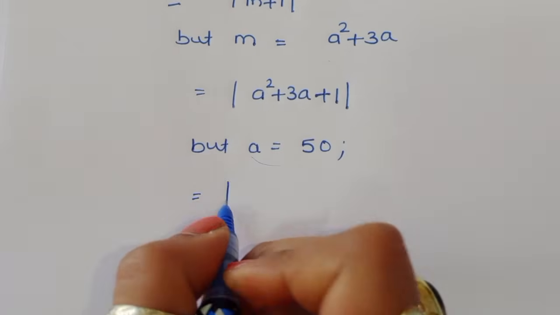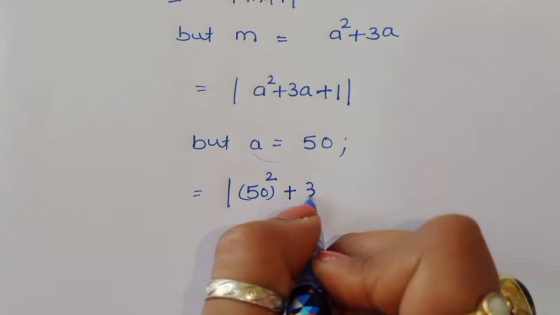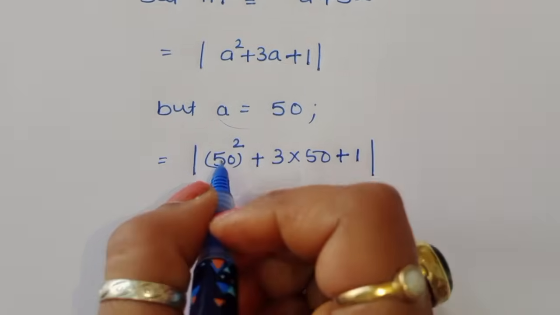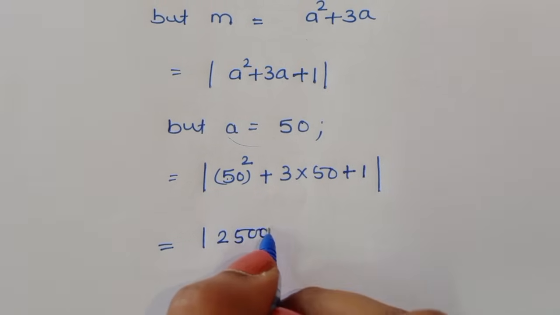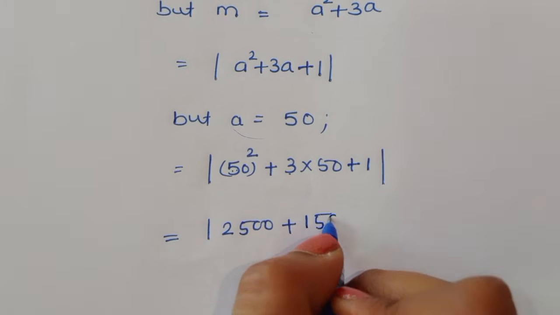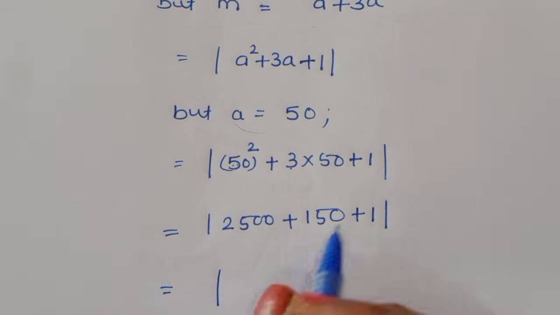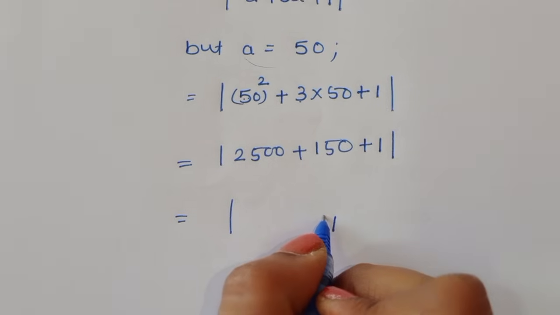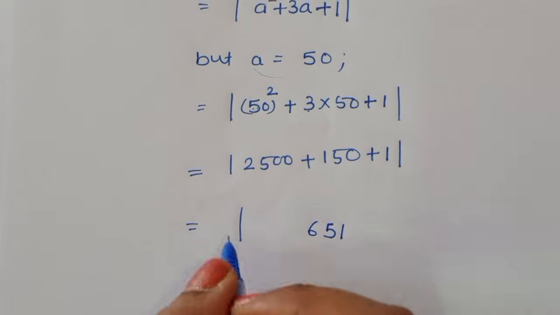It becomes 50 square plus 3 times 50 plus 1. 50 square: 5 fives are 25, so 2500. Plus 5 threes are 15, so 150, plus 1, right? Adding these terms, 1 and 0 gives 1, then 5, then 6, and finally 2.